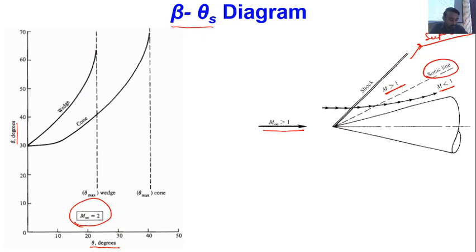So the important point is, what is happening here? Transition from supersonic Mach number to subsonic Mach number is taking place, and in this transition we do not have any presence of a shock wave. So conical flow is a special case where we can experience transition from supersonic to subsonic flow without the presence of a shock wave.